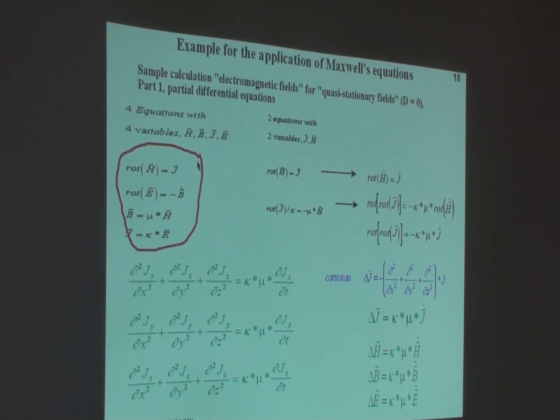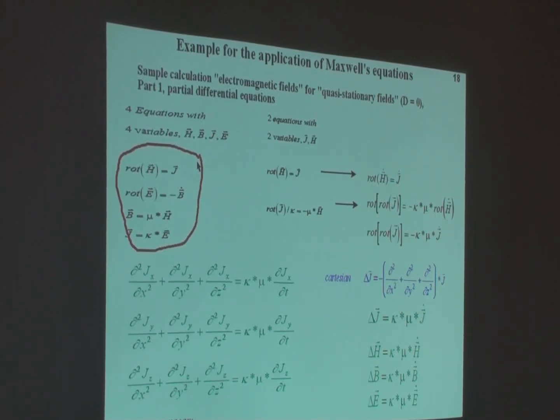And we want to calculate, if you have current displacement, the current density in a conductor. And how to do this, I want to tell you here. It has afterwards some influence on the reactance of a tube.